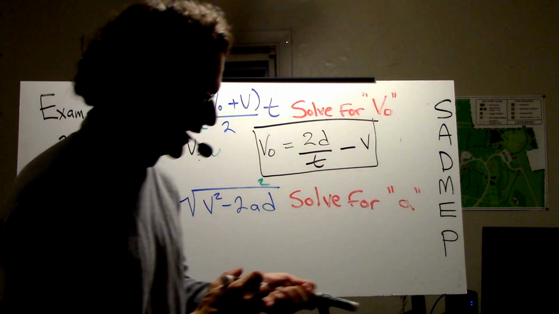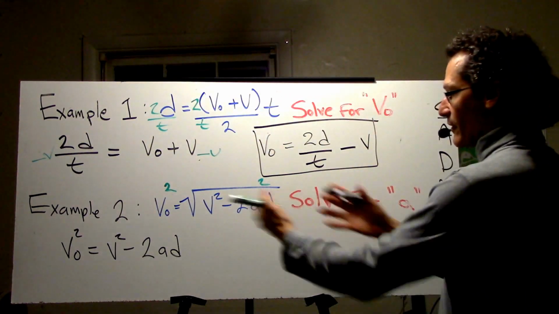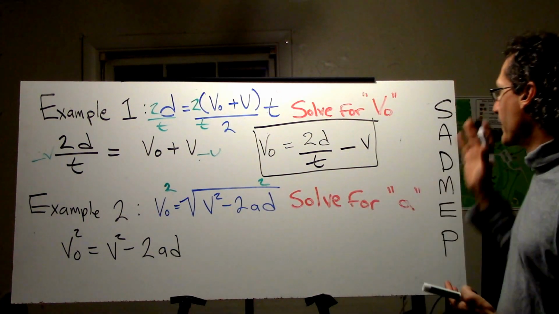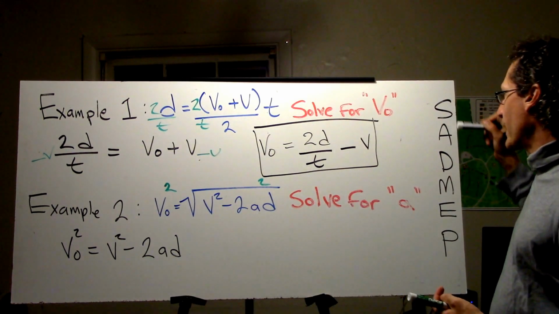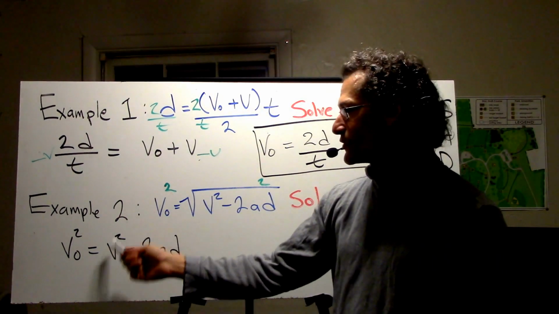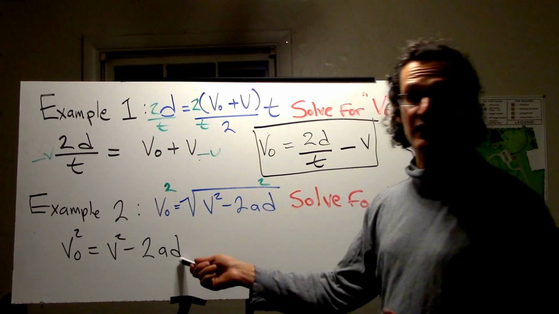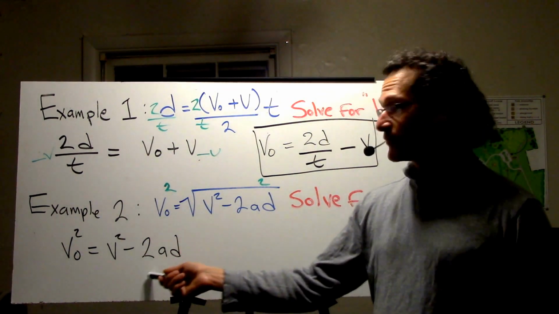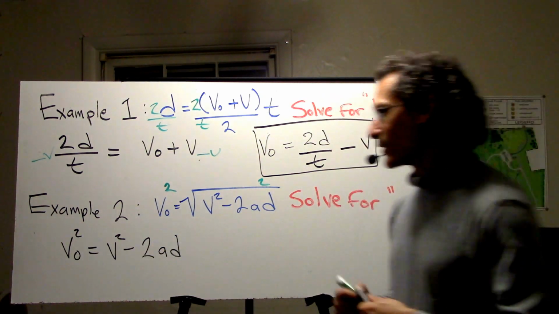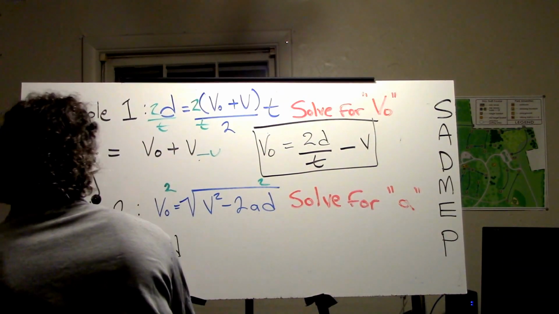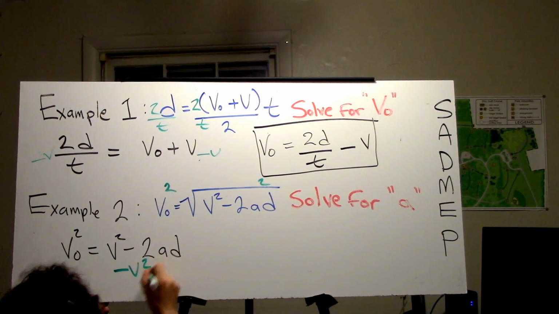Fabuloso. Okay, now that that's been taken care of, we look back at SADMEP. Is there anything attached to the a by way of subtraction or addition? And the answer is yes. The v squared over here is attached to this expression which contains a, so we want to deal with it first. We want to subtract v squared from both sides. So we have minus v squared. I'll duck so you can see that.